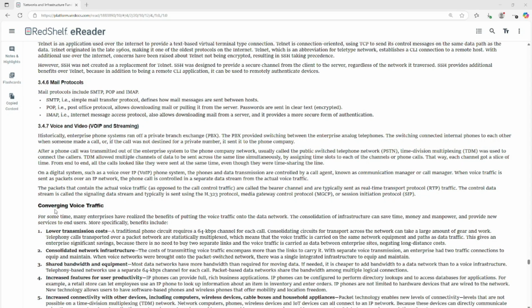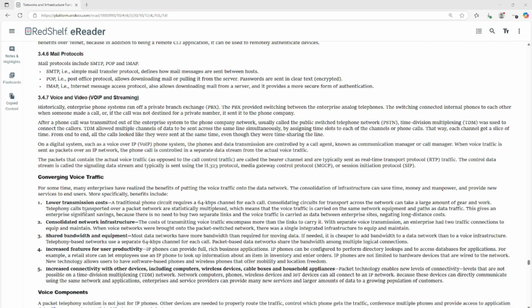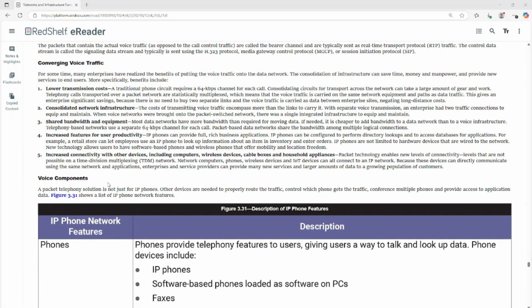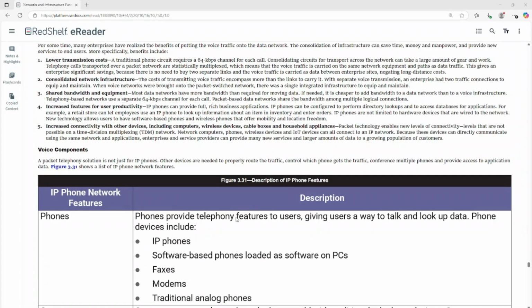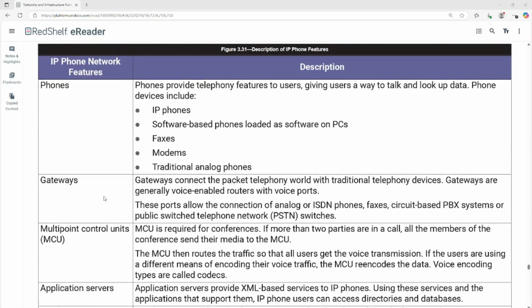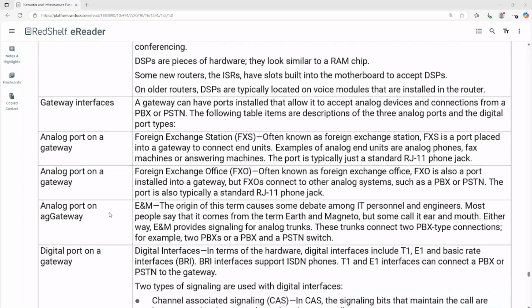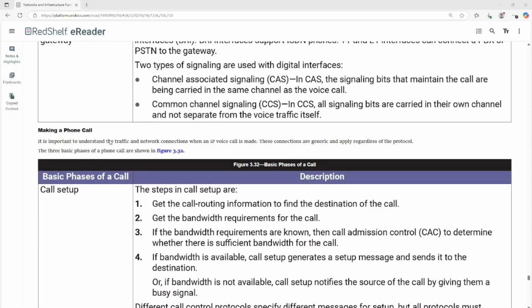You can read about the voice traffic for better understanding. Voice components. This diagram on figure 3.31 lays down a description of IP phone features. You can read this for better understanding of this course. Data signals. Read that. Making a phone call.